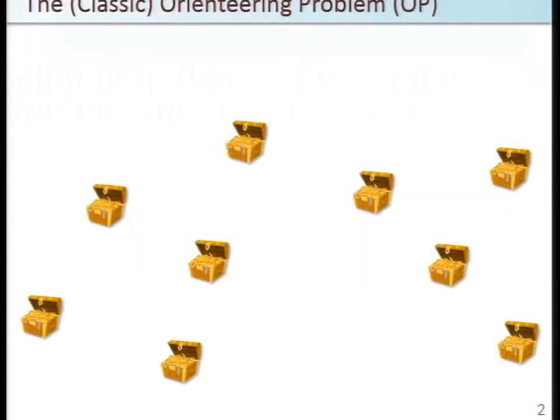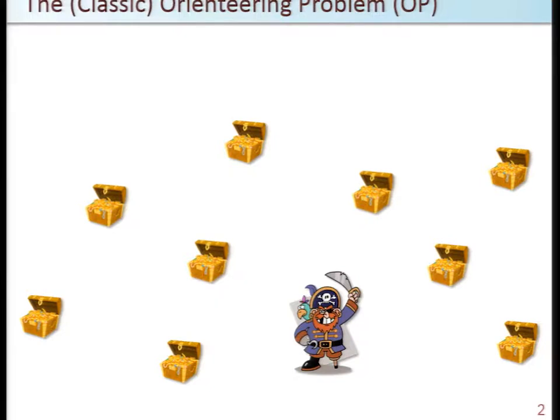In the classic orienteering problem, there are some rewards, in this case, these treasure chests that are scattered at various locations. Now, there may be one or multiple treasure hunters who want to collect those rewards. Often, they are limited by how far they can travel. For example, in the case of a pirate, the pirate ship might only have limited food supply that lasts a few days or weeks over the sea.